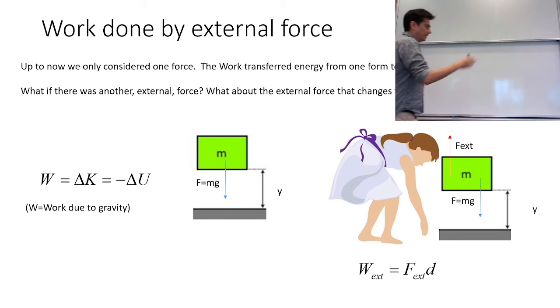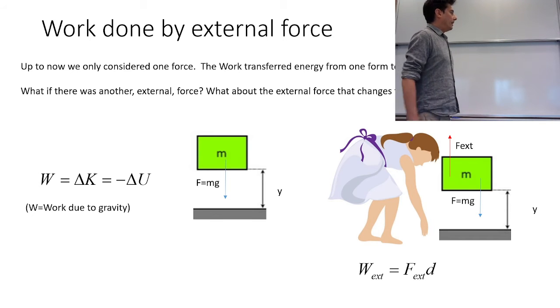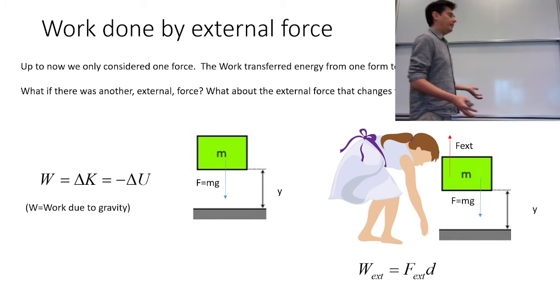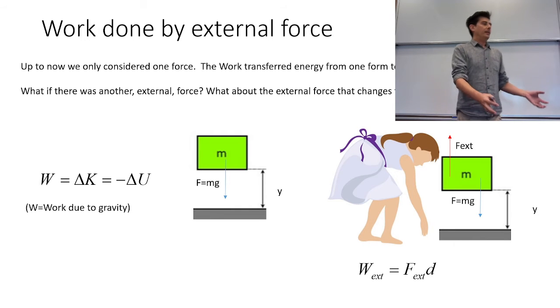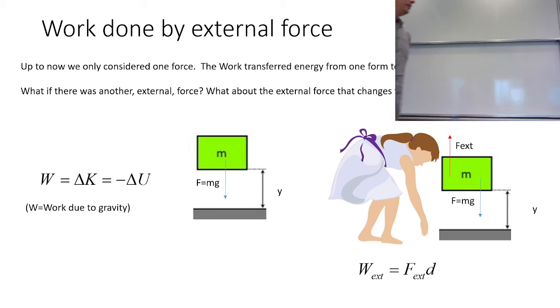So this is an example here where a girl picks up a box. So in this case, originally the system might have, say, zero kinetic energy, zero potential energy. Then by somebody coming in and picking it up, basically it's putting energy into the system, right?